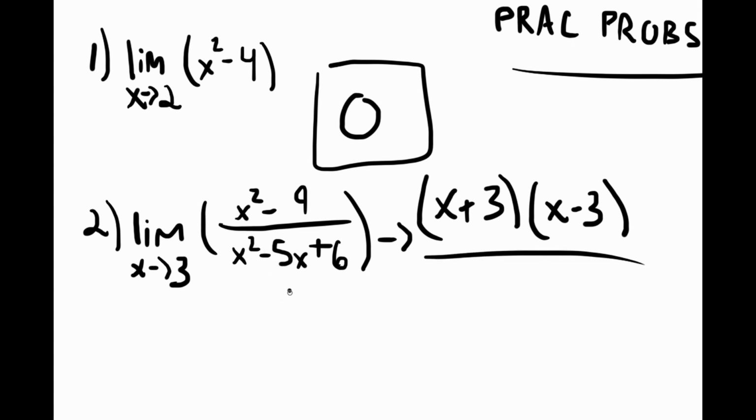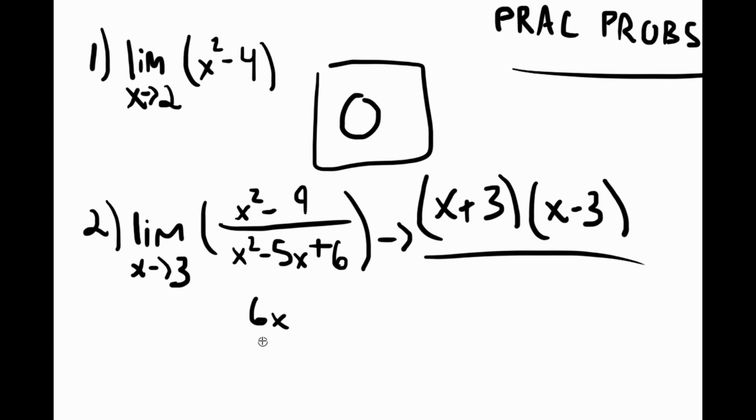And this, we just have to complete the square for this, so we'd multiply this and this. Let's see, negative 3x and negative 2x.